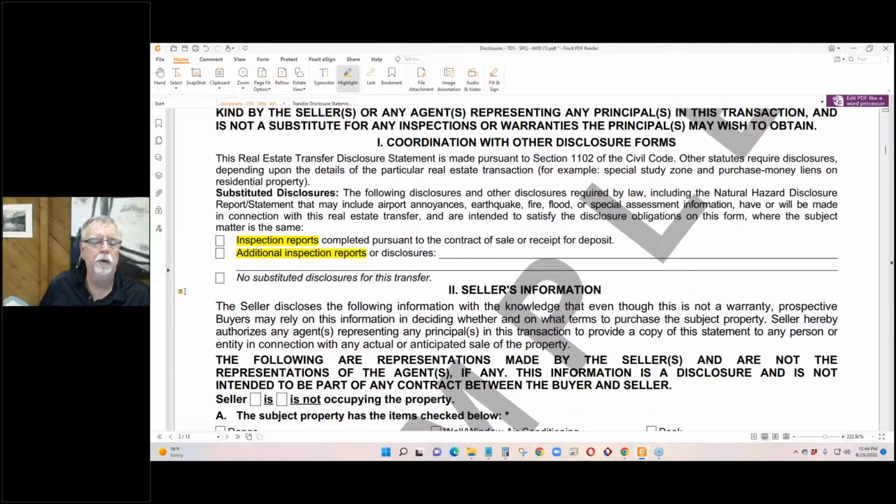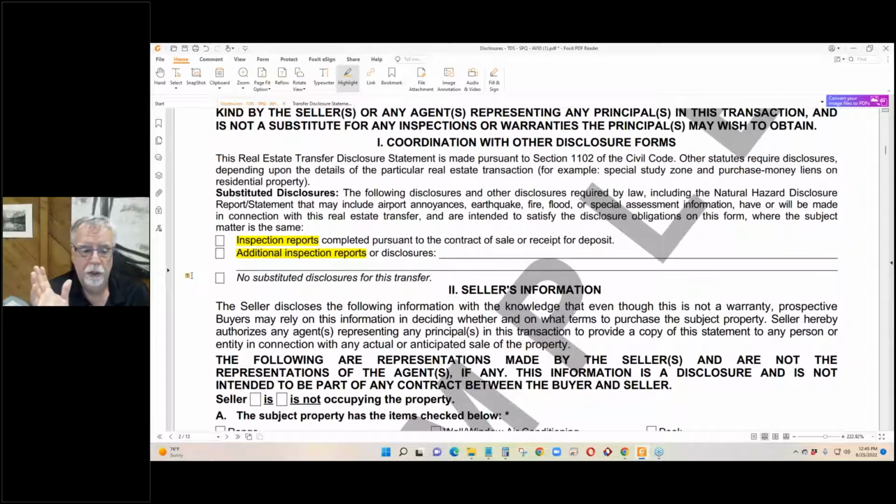Now, you might be thinking, well, isn't that where I'm going to be putting in a bunch of other things? Like the property inspection, and the termite inspection, and the pool inspection, and I'm going to check those boxes and type all those inspections in that line there.